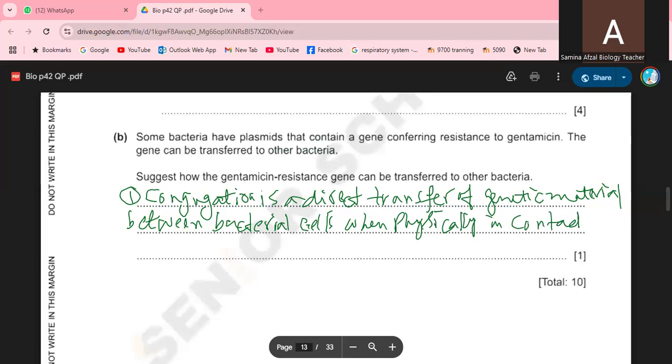Then the genetic material is transferred from one to the other. So we can write cell to cell contact.